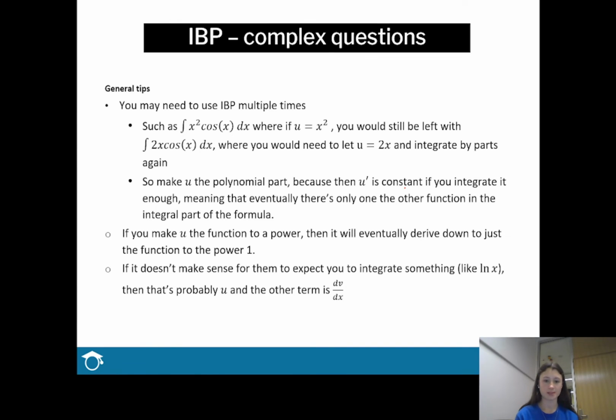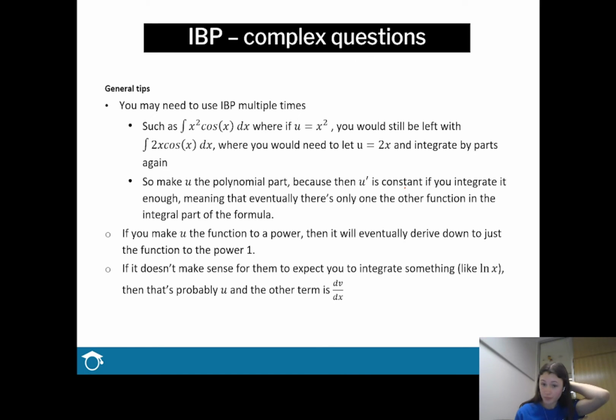However, this 2x cos x, we can actually use integration by parts again and let u equal 2x, because in that case we're doing something very similar to what we did in the example that we just did, where the derivative of 2x is just 2. You don't have any x's in it, which means in your final integral you're just going to have a trig function without any product with x, which is really easy to integrate, and that's exactly what you want.